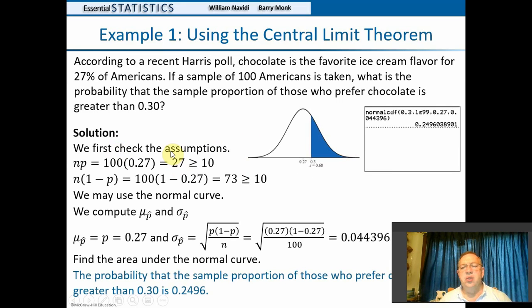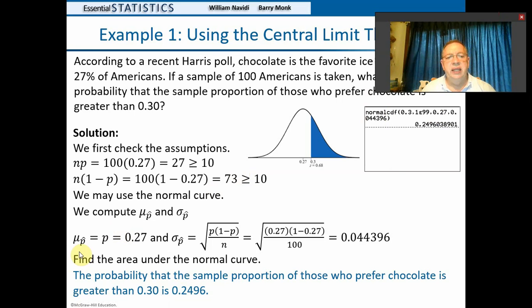So we need to check our assumptions. n times p, 0.27 times 100, and then 0.73 times 100, the 1 minus 0.27. That would be greater than 10 on both ends, so we could use that. And now we just need to know what we're going to use. Normal CDF. I need the mean and the standard error, or standard deviation.